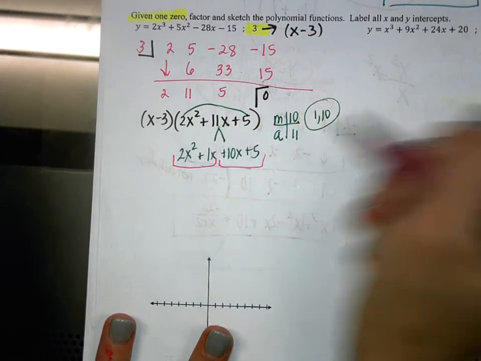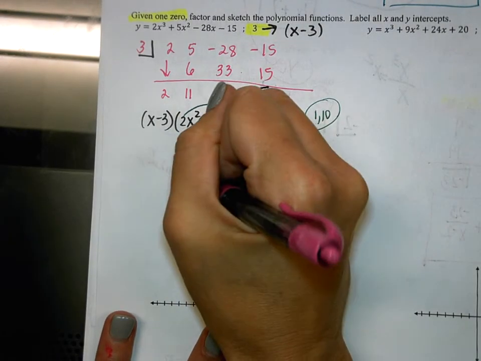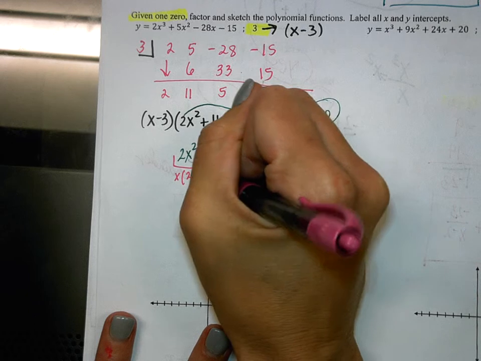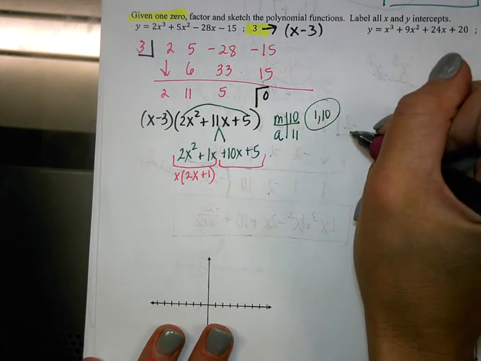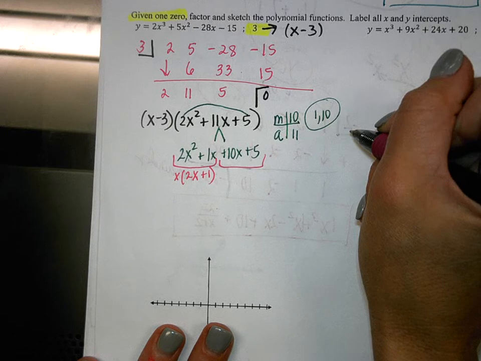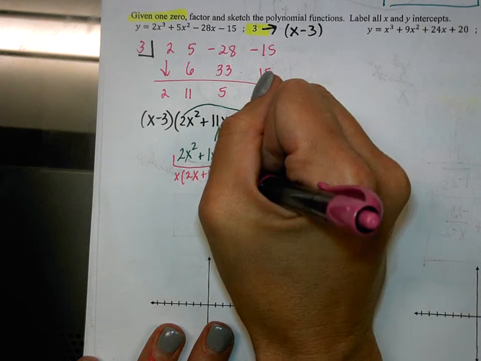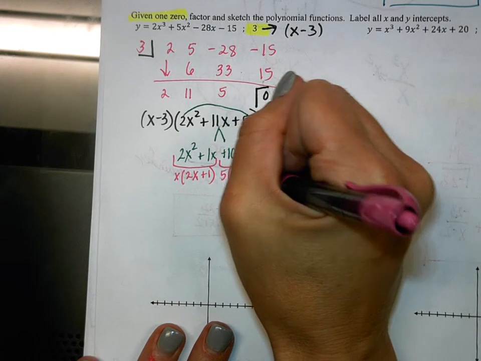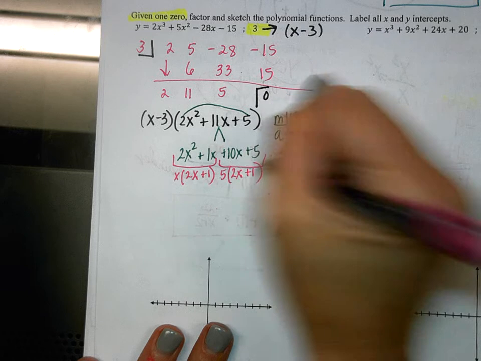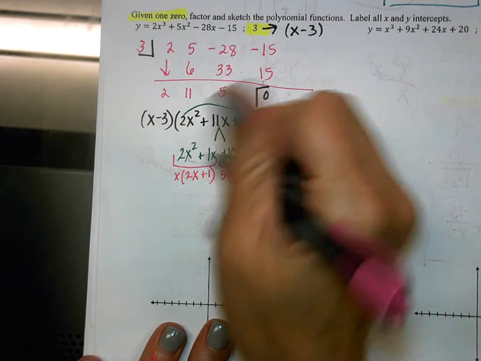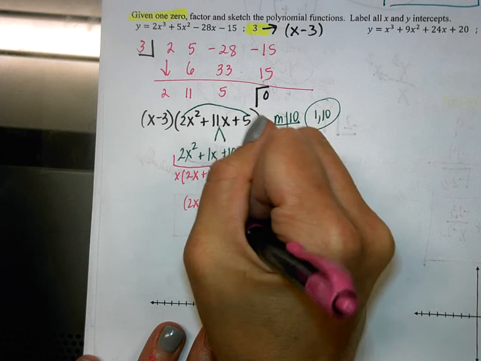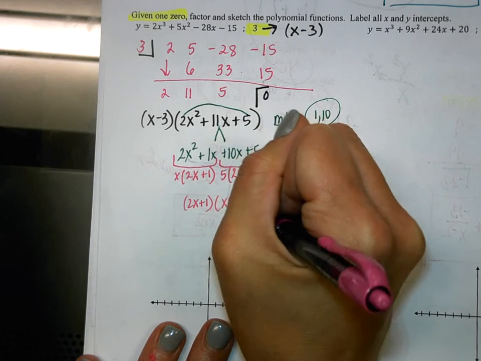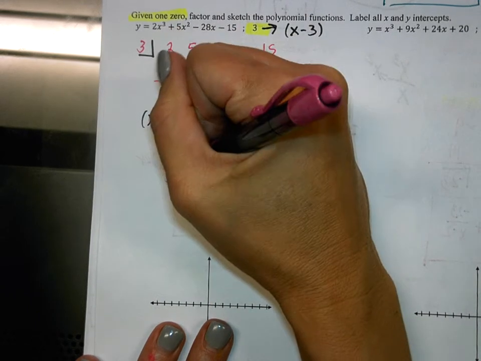Take out an x, we're left with 2x plus 1. Out of the second group, I can factor out a 5. I'm left with 2x plus 1. Which means this ends up becoming 2x plus 1, x plus 5, and we need to not forget x minus 3.